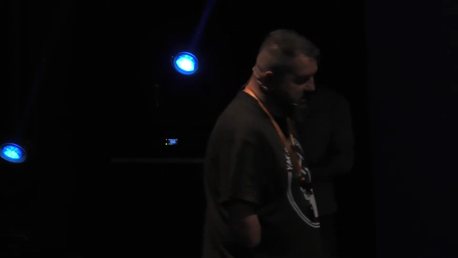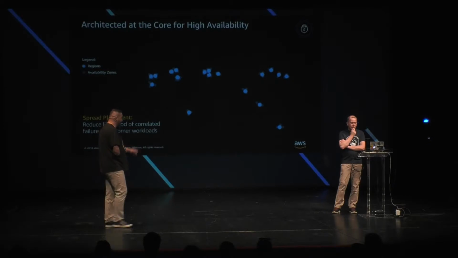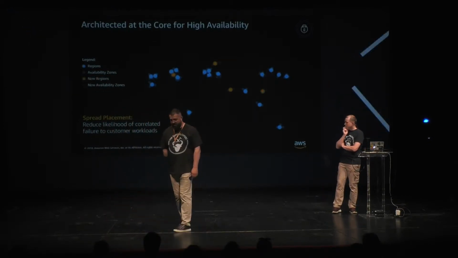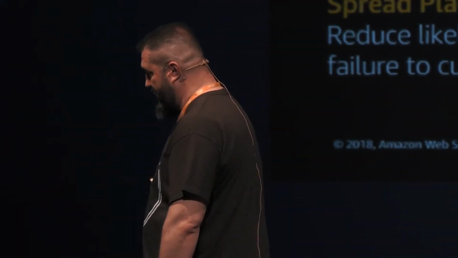If you look at AWS, there's 18 regions around the world. Those are the blue dots. There are 4 regions that are coming, Bahrain, Hong Kong, Sweden, and a second Gov region in the US.